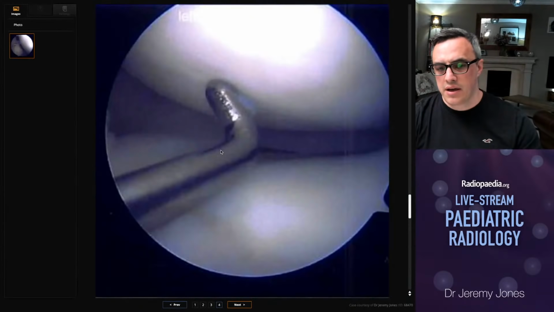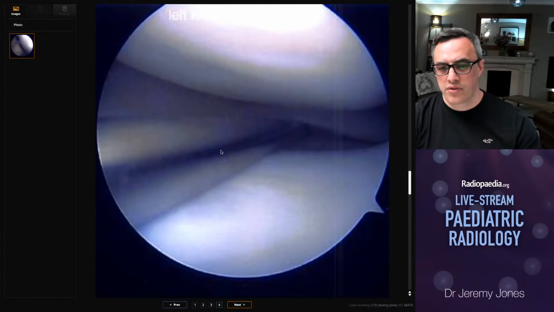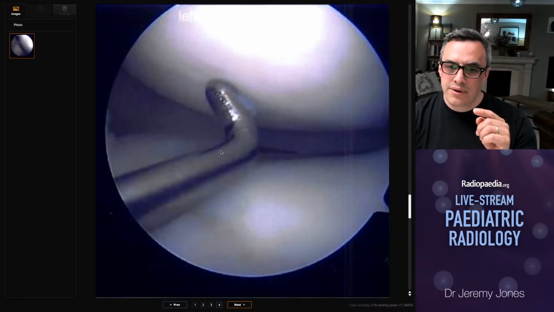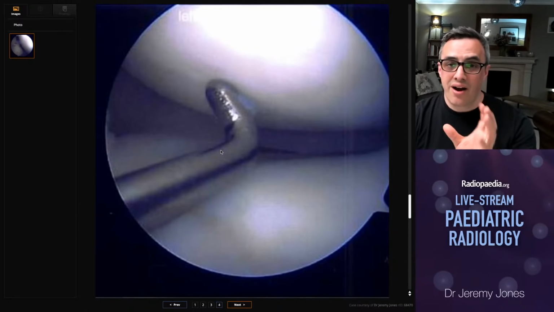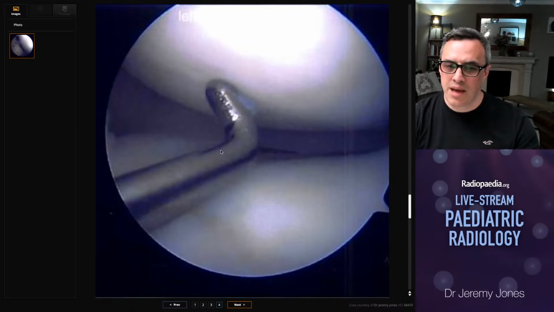So here's some photos from the arthrogram. So here's one of the probes just sitting underneath the menisci. So they went in and obviously double checked the menisci were right. And then here we have a probe actually poking on the bit of cartilage that's overlying this osteochondral lesion. And that cartilage is completely intact as it was on the MRI.